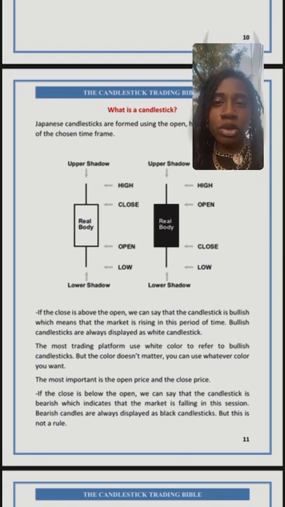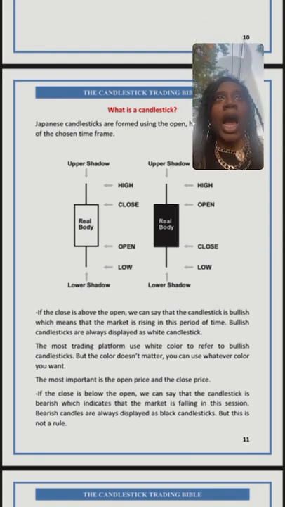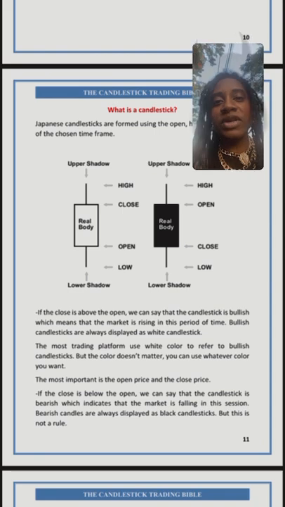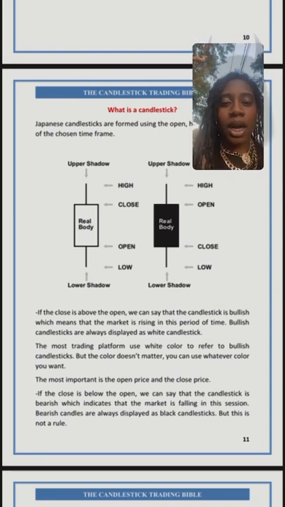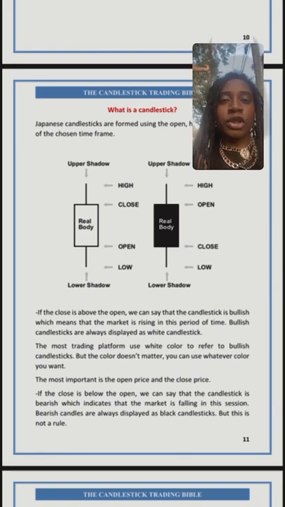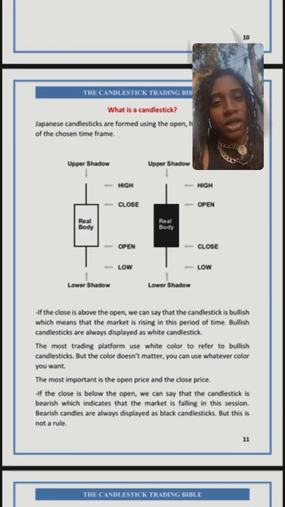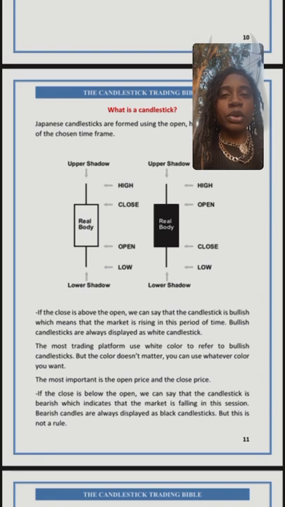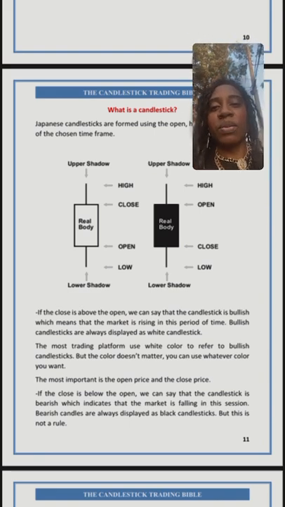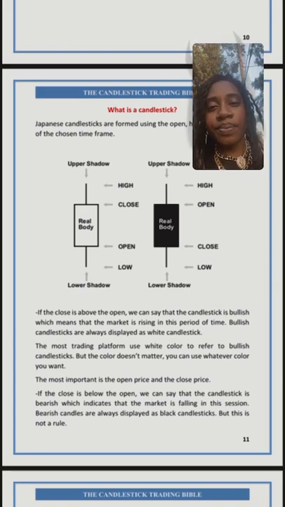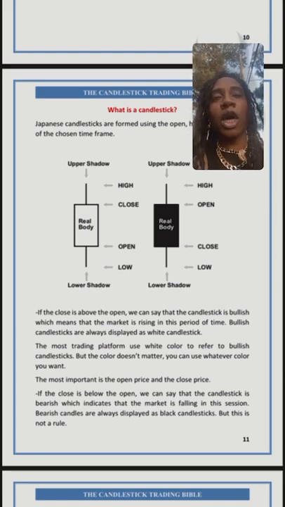So the candles are formed based on whatever time frame you're on. If you're on a minute time frame, then the candle is going to be produced every minute. If you're on a 5-minute time frame, then you're going to get a new candle every 5 minutes. And what happens is if the price is going up, then at the bottom of the body is where the market opens, right?